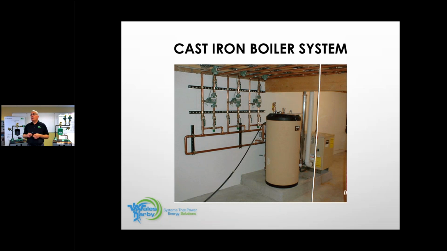Something else to be aware of is the way this is piped. It's not primary, secondary, because you can see it's a continuous loop and they're bringing the domestic off the bottom. But you also see that we have the returns from that mix valve in front of the supply of this mix valve. So the way this gentleman piped it is not bad, but something to think about.